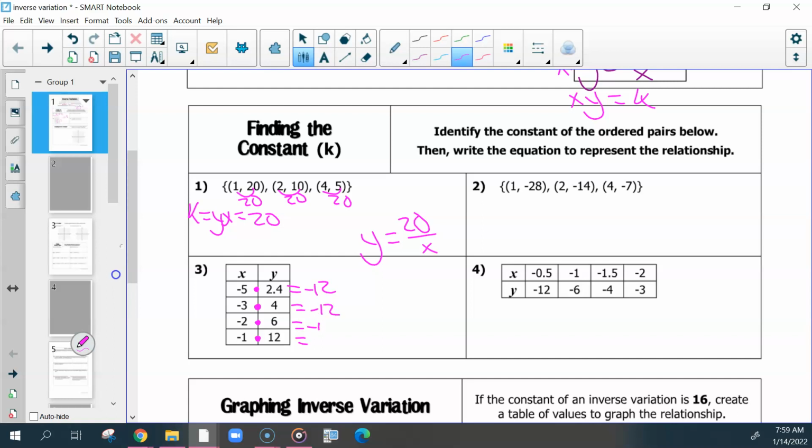Negative 2 times 6 is negative 12. And negative 1 times 12 is negative 12. These are all the same, so I can say that my constant k is negative 12. So my equation would be what? y equals negative 12 over x. Correct.